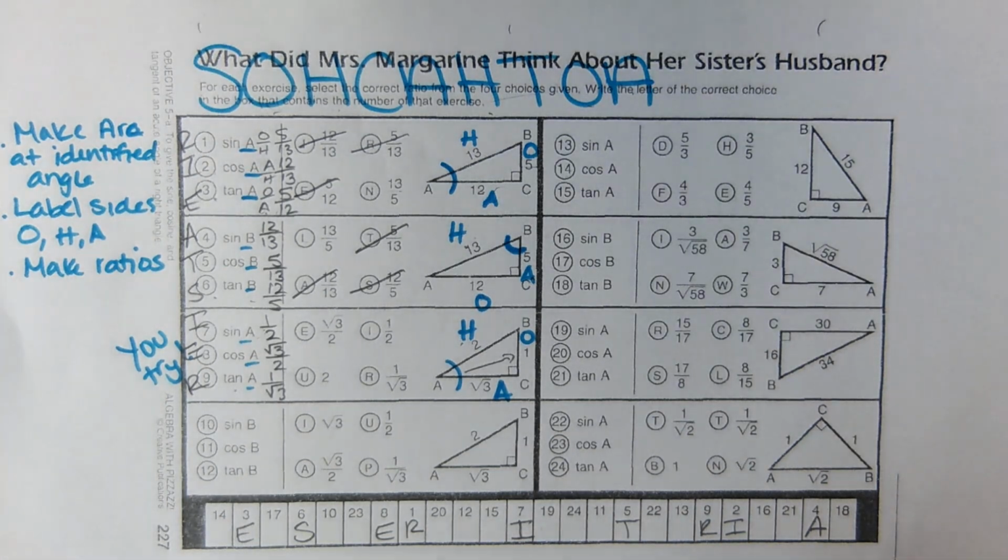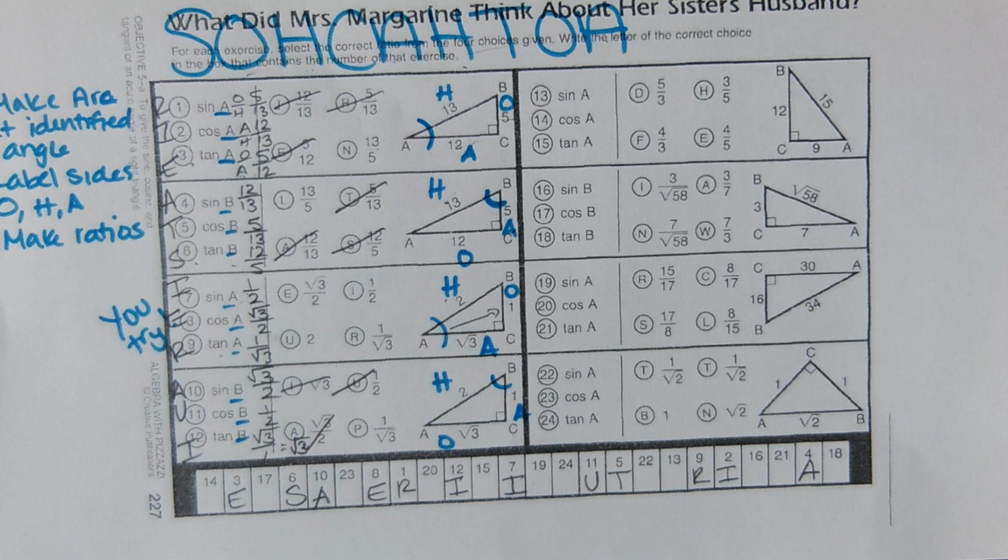Okay, I want to freeze again. Here's the next one. I started by doing an arc on B, labeled the sides, and then I used SOHCAHTOA to set up the ratios.